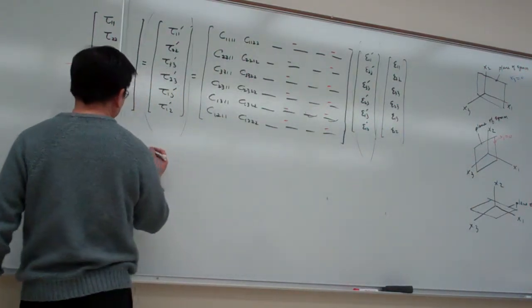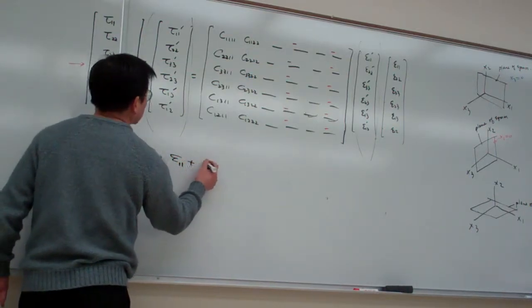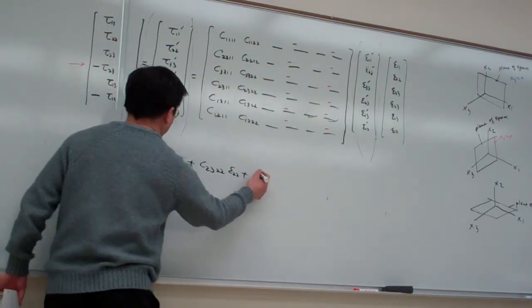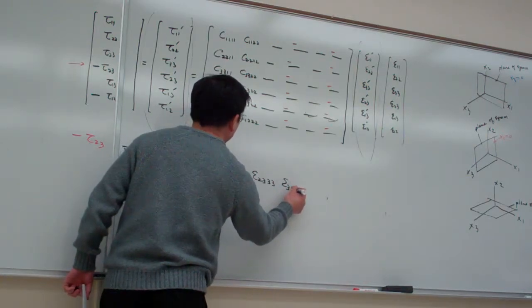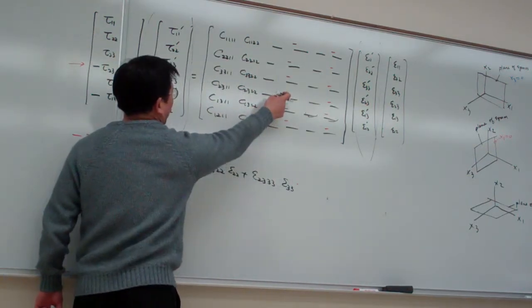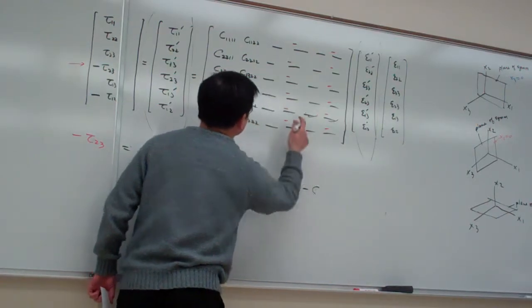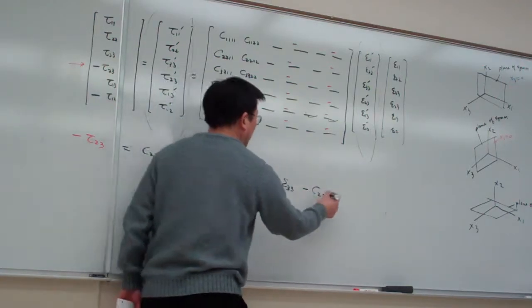So that is equal to C2311 epsilon 11 plus C2322 epsilon 22 plus C2333 epsilon 33. And then here we have a minus sign already, so put a minus sign here. And C, that is the 23.